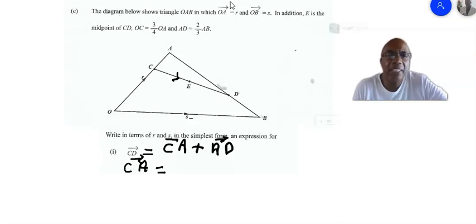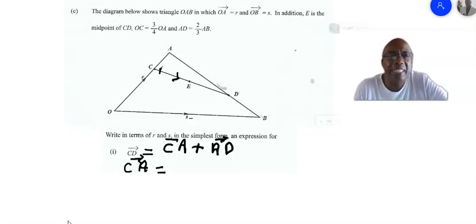Let me write it down. Remember, vector OA is R. And you're given that vector OC is 3/4 vector OA. If vector OC is 3/4 OA, it means vector CA is just 1/4 of OA, because 3/4 plus 1/4 is a whole.